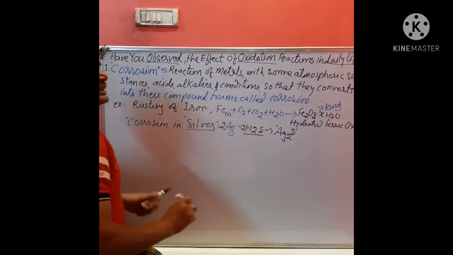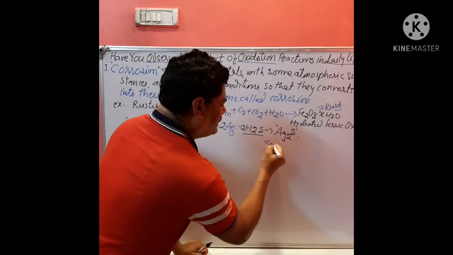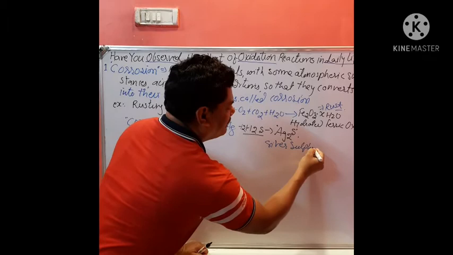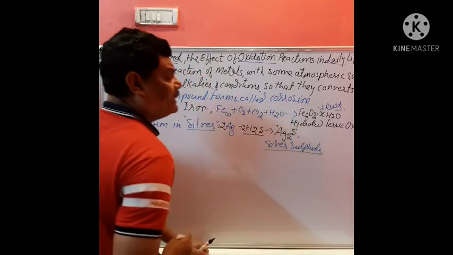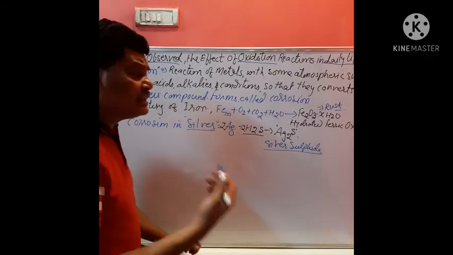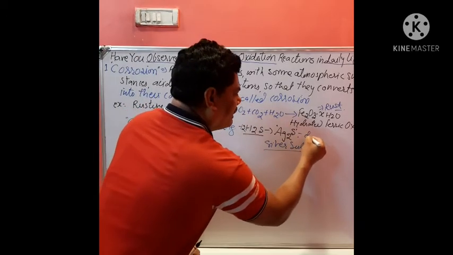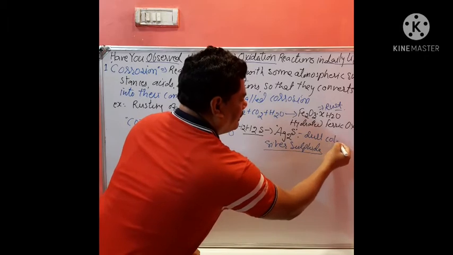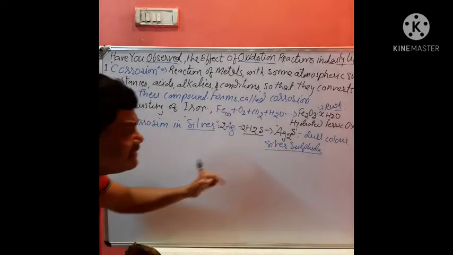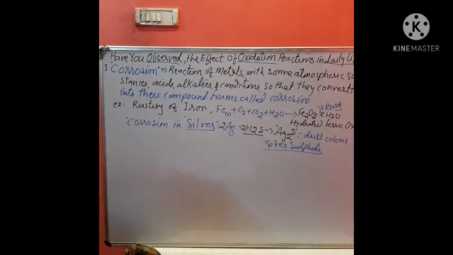Ag2S. This Ag2S is known as silver sulfide. That means its brilliant white color is getting changed and becomes what? Dull color. This is due to formation of a silver sulfide layer.